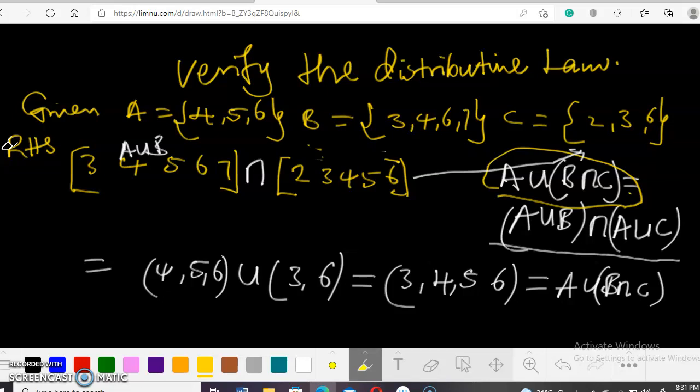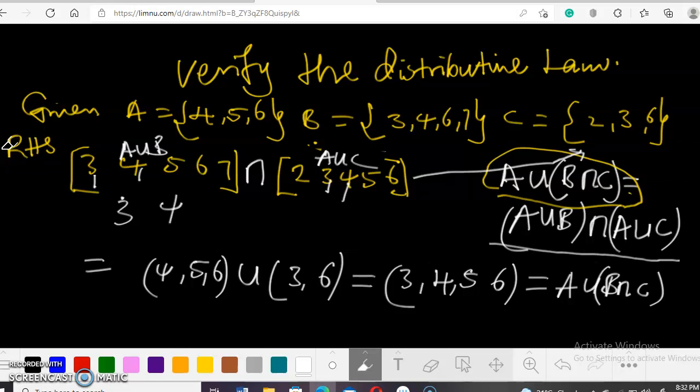So let us take the intersection of these two sets. This is A union C. The intersection simply means the elements in A union B that we can also find in A union C. There is 3 in A union B and there is 3 in A union C. We have 4 here and we also have 4 here.